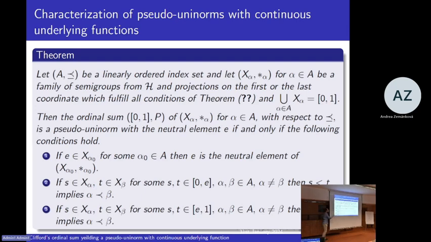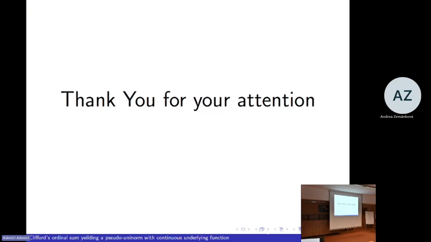And moreover, the order is as such: when we choose two points greater than E, then the order should be reversed, and otherwise it has to be the same. And that's basically what we have done. Thank you for your attention.